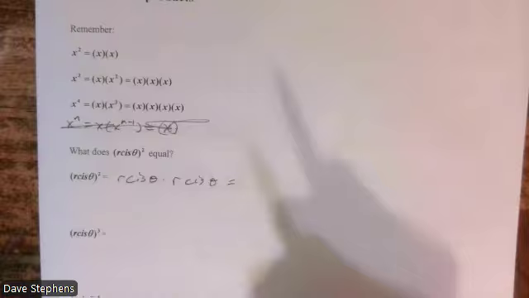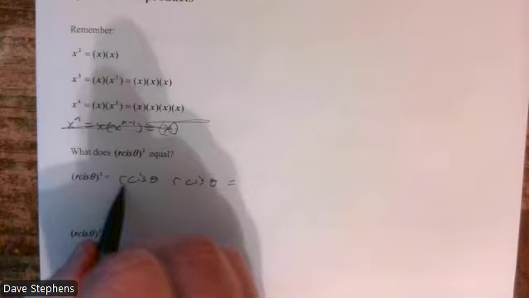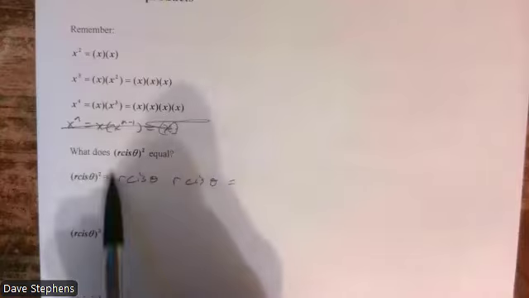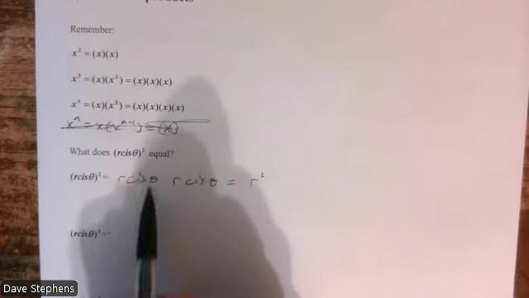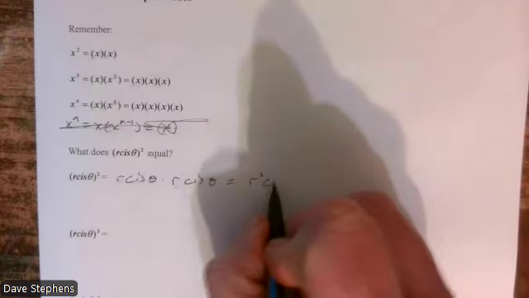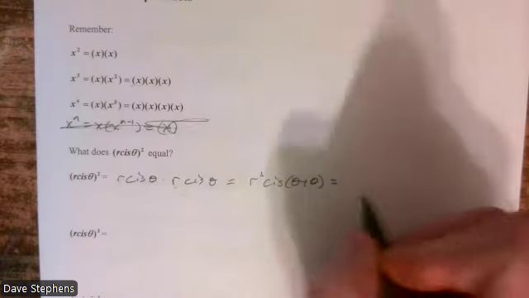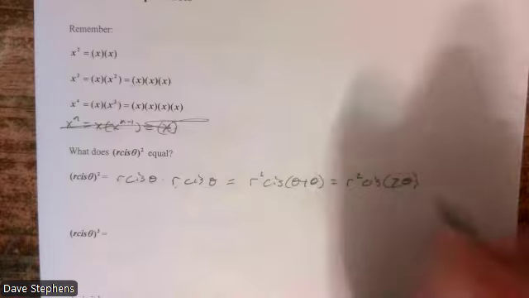And when we multiply complex numbers, we multiply the moduli, the absolute values, or the r value. So r times r gives us r squared. And then we add the angles, so cis theta plus theta. So we would end up with r squared cis 2 theta.